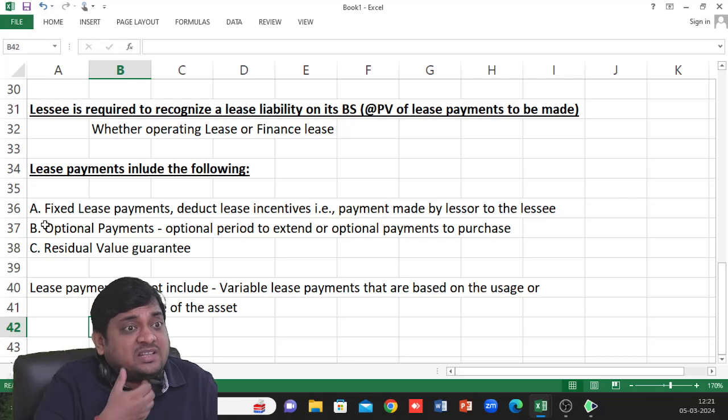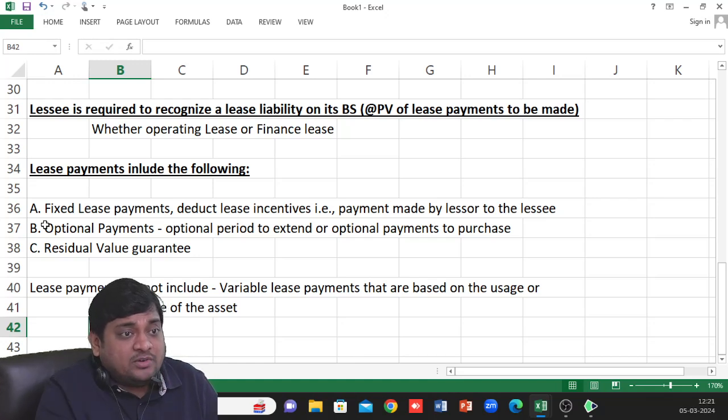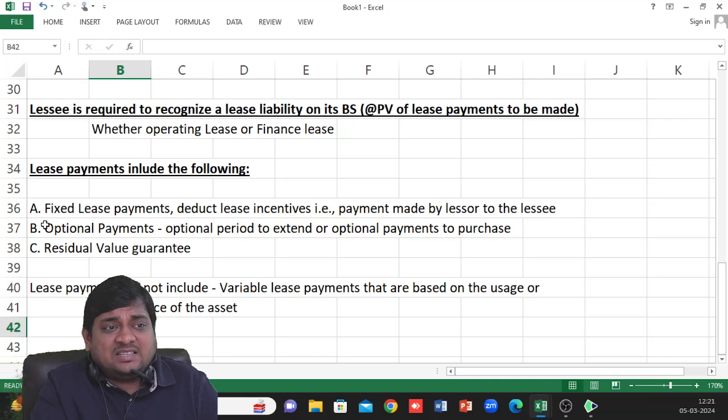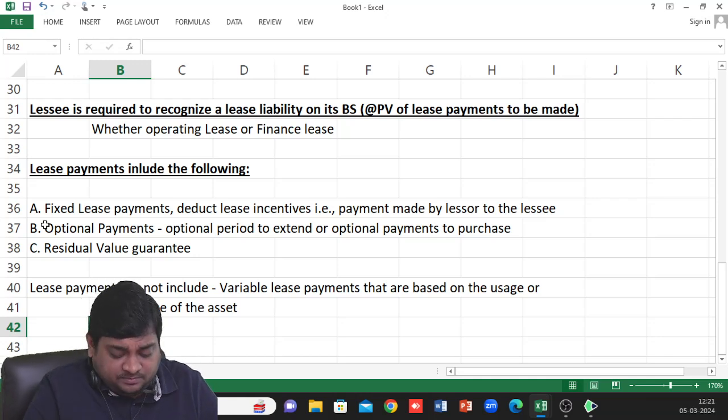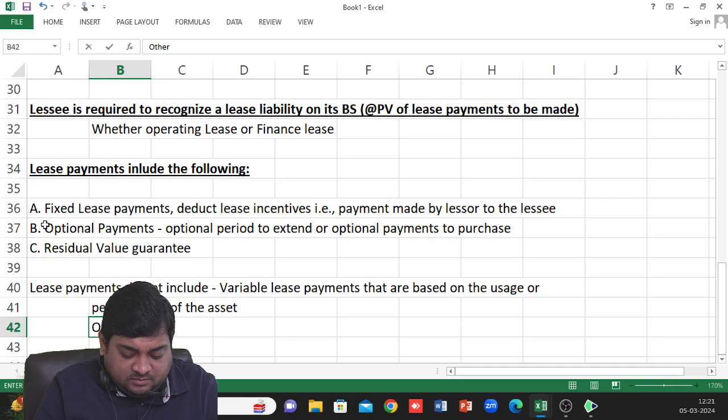Any other guarantee which the lessee is giving, that also will not be included. Residual value guarantee is okay, but any other guarantee which the lessee is giving is not included. Other guarantees, right?